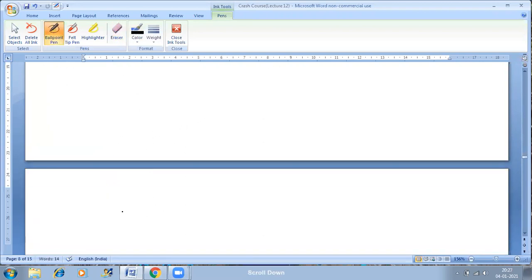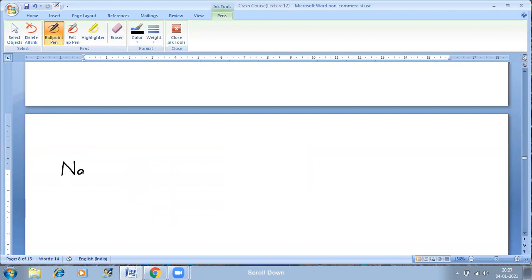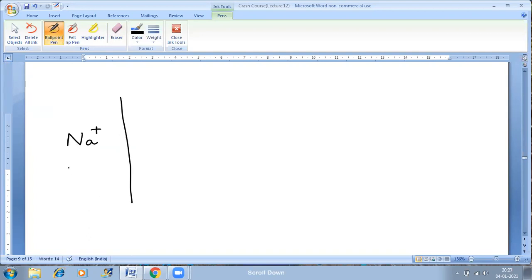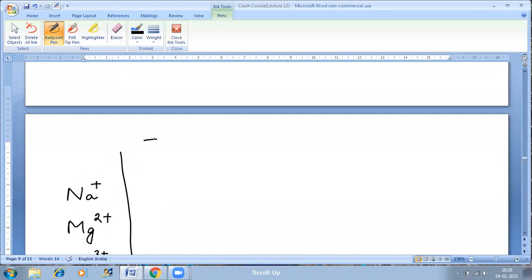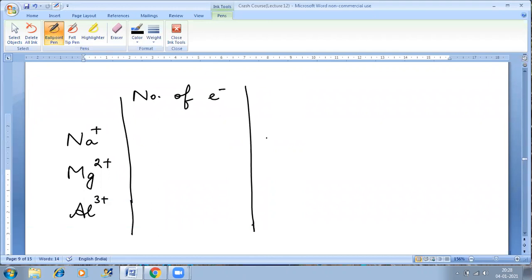I'm making columns. Let's say I'm writing here Na plus, Mg2 plus and Al3 plus, the number of electrons, and here I'm writing the number of protons.